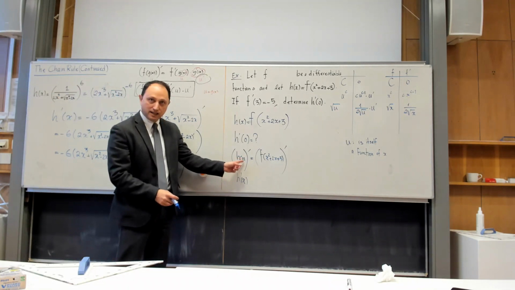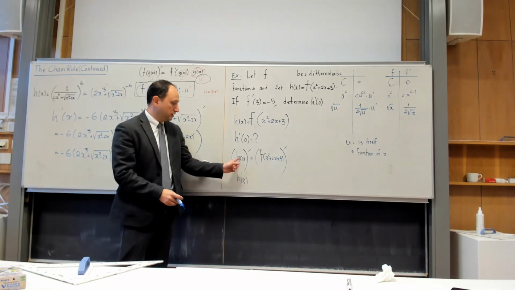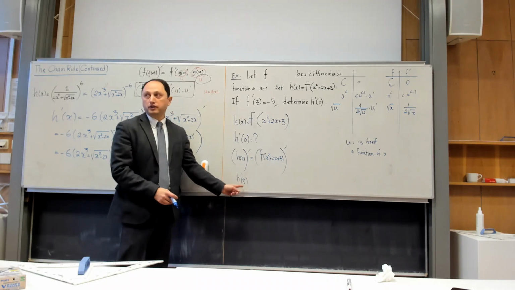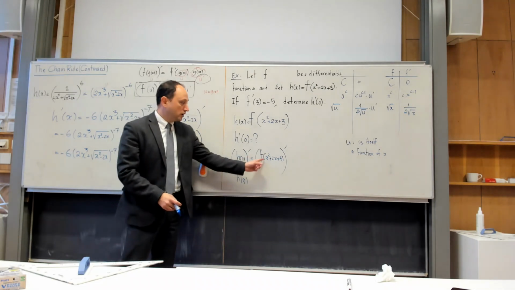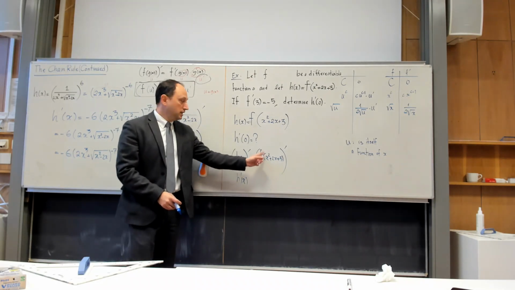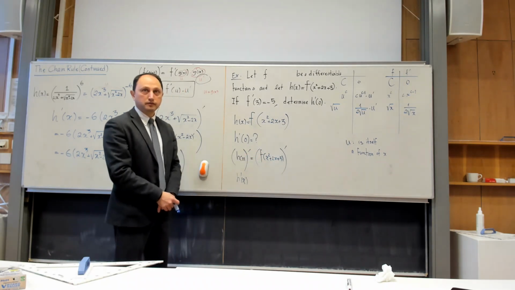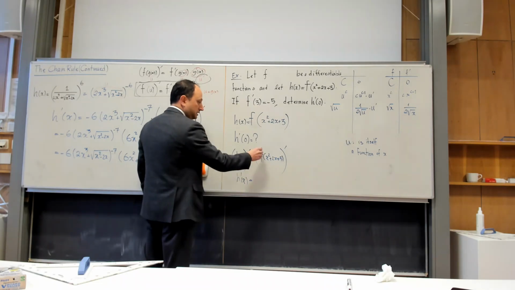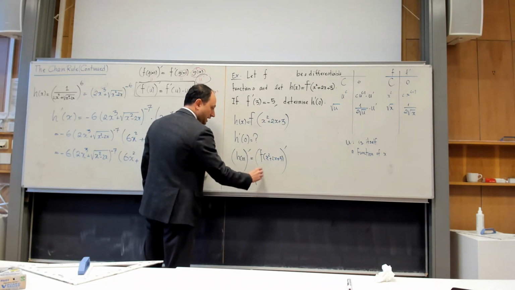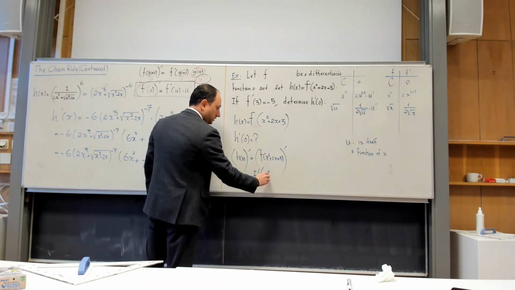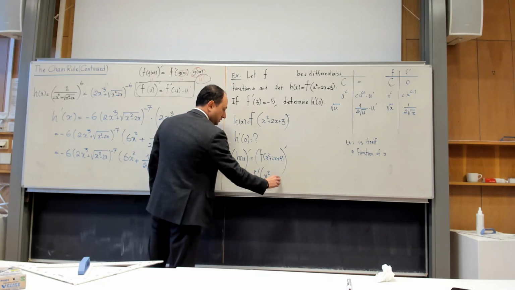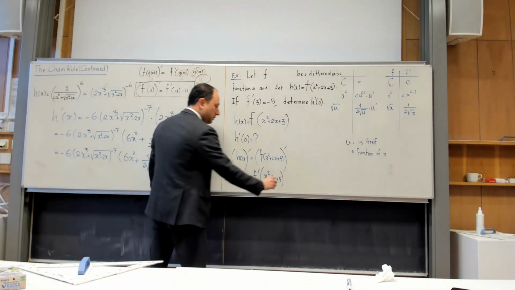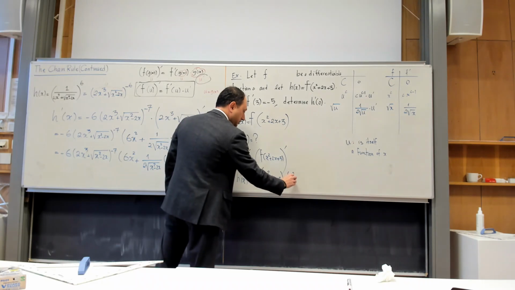H of x prime, there is no difference between this symbol and h prime of x. But this one, there is a difference, because here I have to use the chain rule. Yes? So what is the answer? It becomes, do you remember? The outer function prime calculated at the inner function, times the inner function derivative.